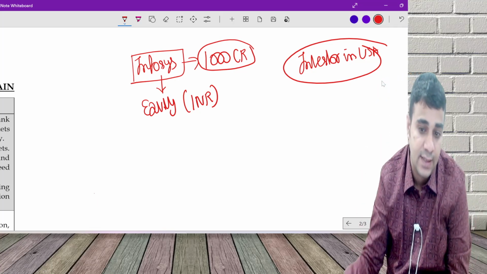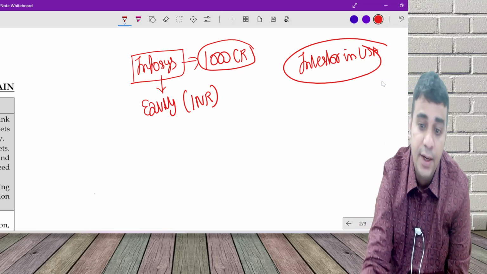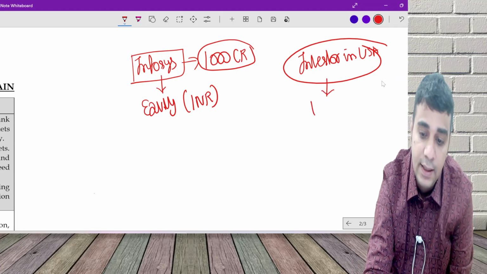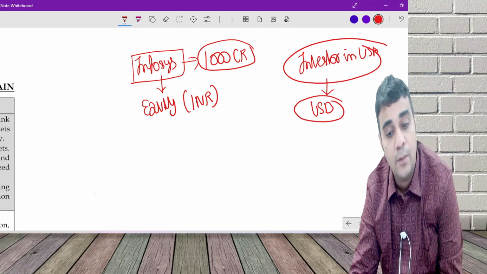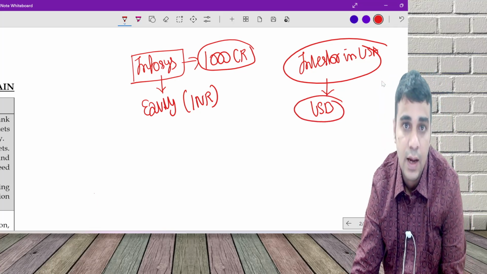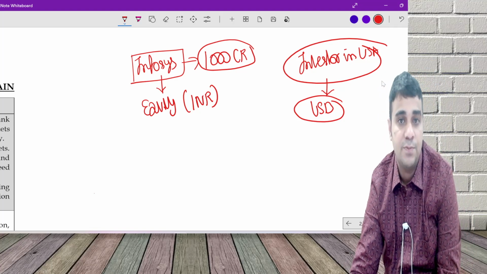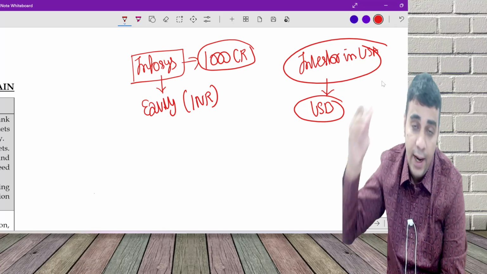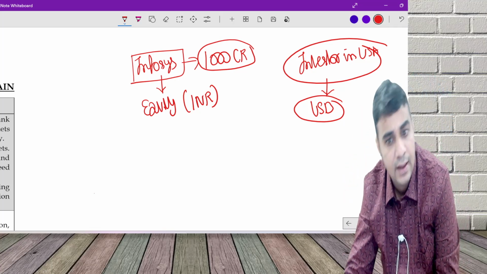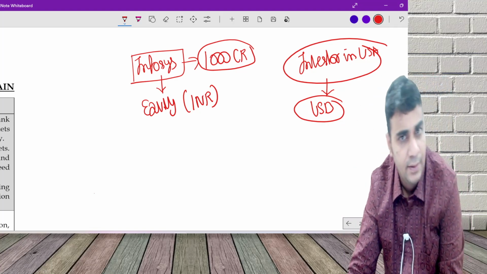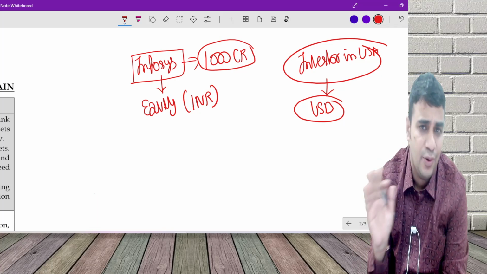These investors are saying we are ready to invest, but we will give only in US dollar. We don't want the headache of converting our investments into INR and then making investments in Infosys. Or I don't want to take money from USA, deposit it in some bank in India, and then make the investments from the Indian market. So they are saying we are not ready to do all this.